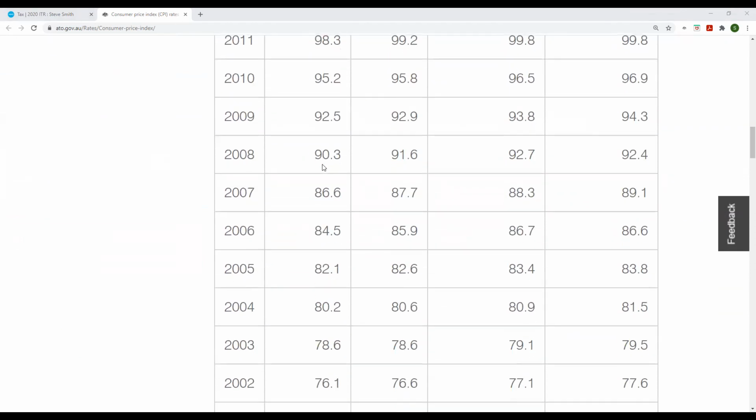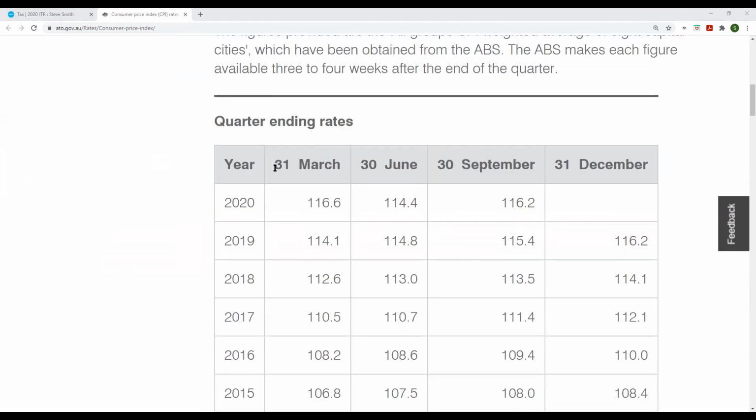For Louis's case, the 5th of July 1997. You can see that every quarter ends on 31st of March, 30th of June, 30th of September and 31st of December. The indexation factor uses the CPI number here.